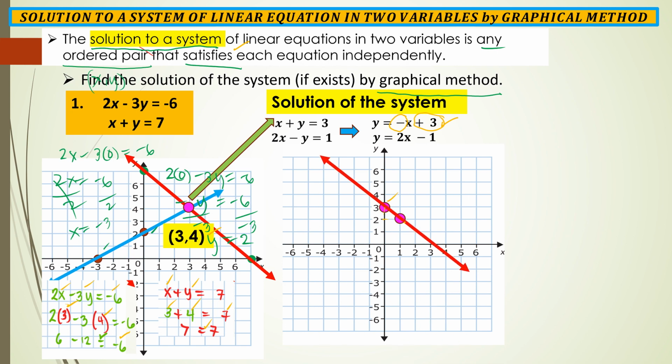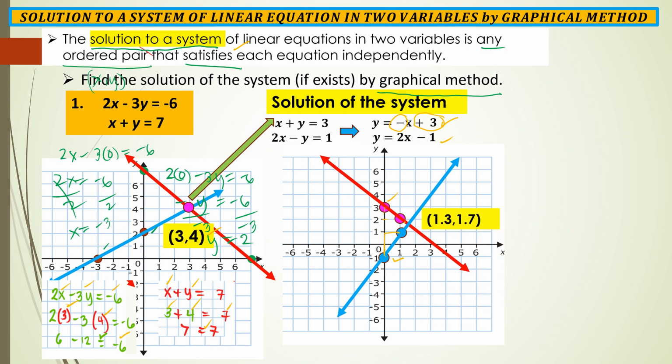And then the next equation is y equals 2x minus 1. The negative 1 is plotted already. So y is equal to negative 1. And since the slope is 2, we go up 2 and then go to the right once, so therefore that's it.